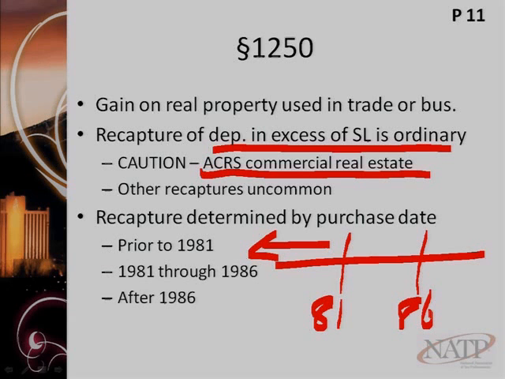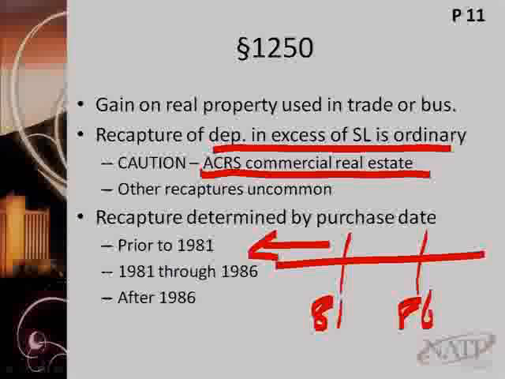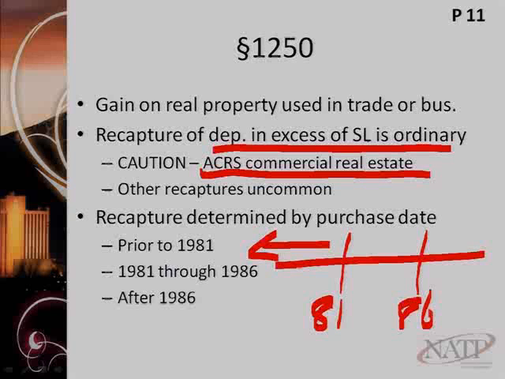So when you get a new client and they call you on the phone about the sawmill, the guy called me and said, I can sell this. It was a 1250 property. Somebody else did the tax return. I looked at the depreciation schedule, and it was on an accelerated method, which meant that $200,000, or up to that, as we've learned now, is treated as 1245 on the commercial ACRS: it's either the depreciation taken or the gain.